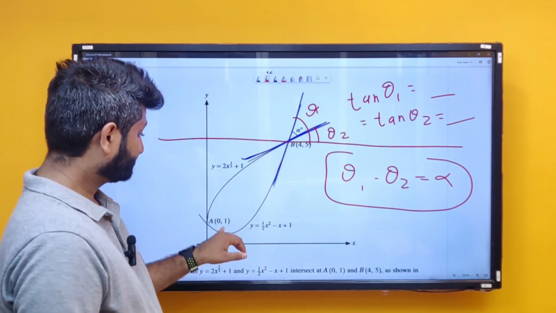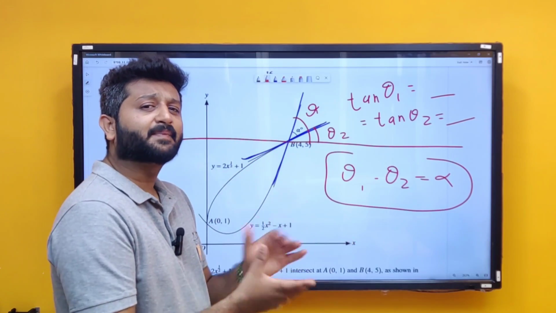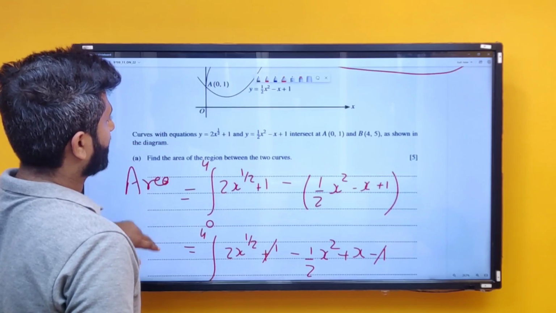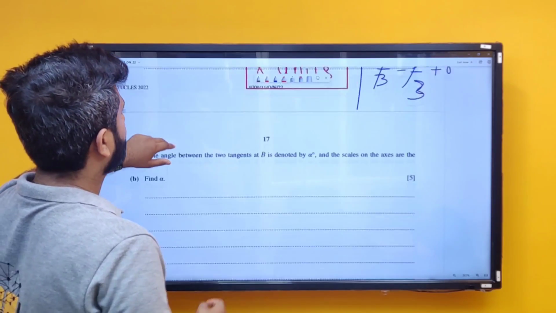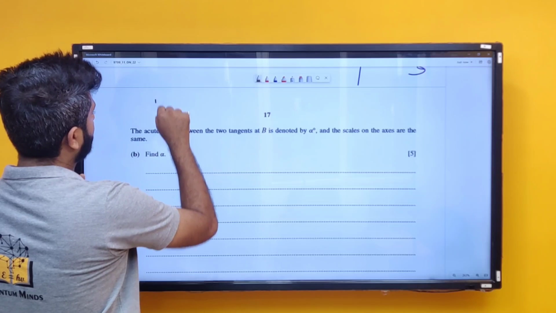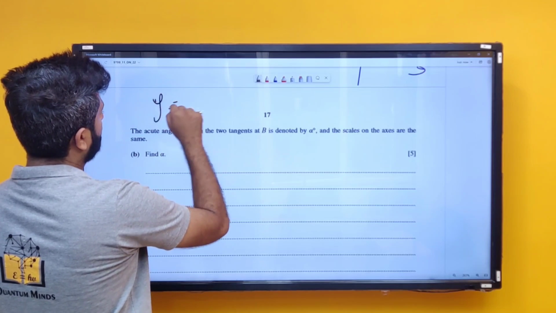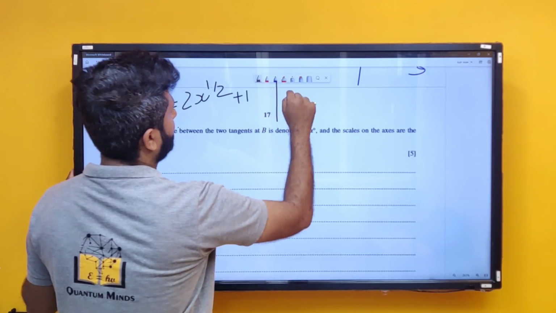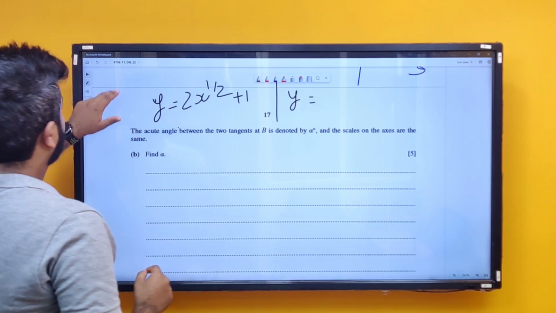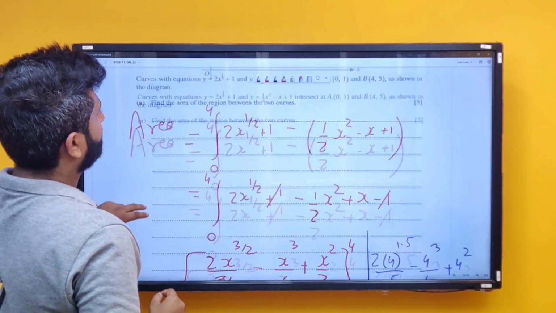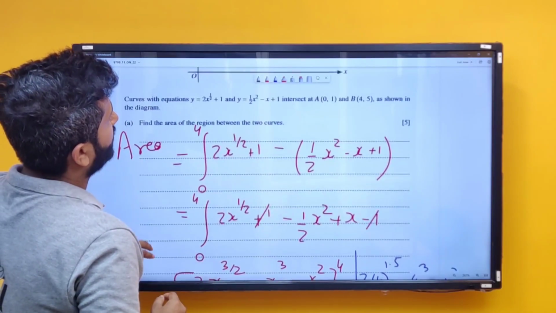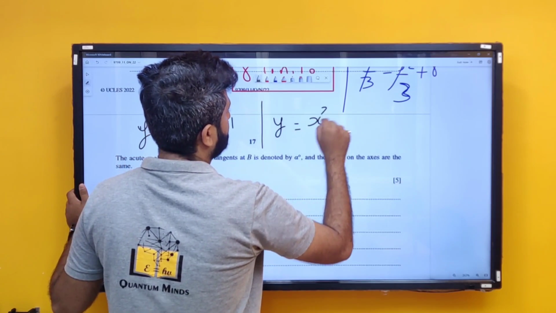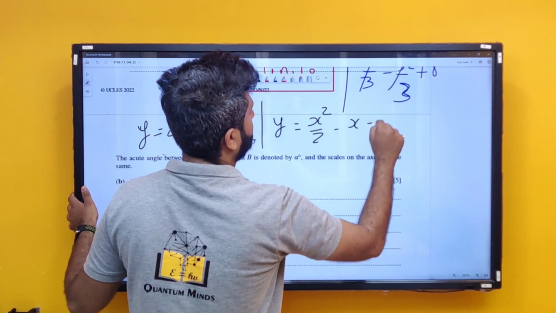This is the first gradient. This is the second gradient, and subtract the answers. So the equations are: y is equal to 2x power half plus 1, and the second equation is y equals x square by 2 minus x plus 1.